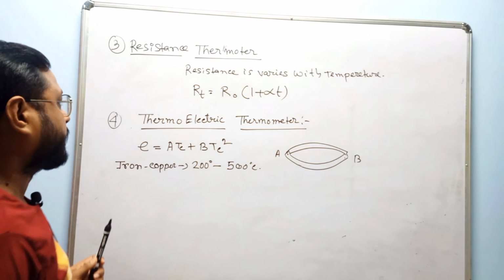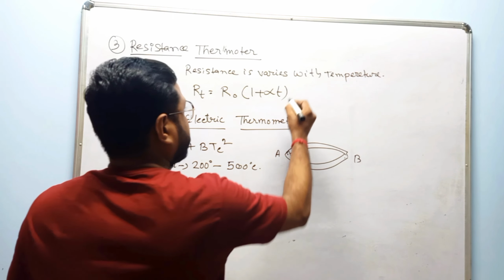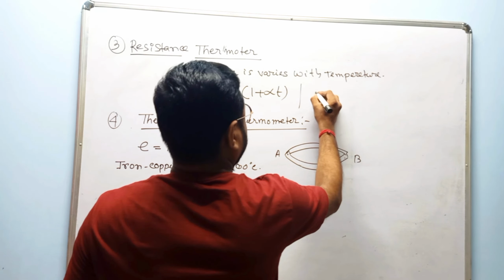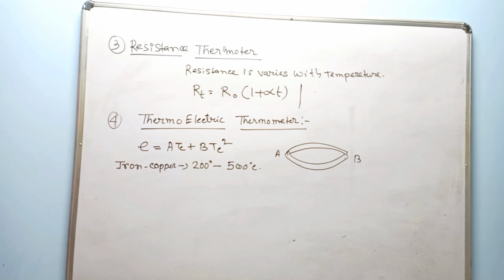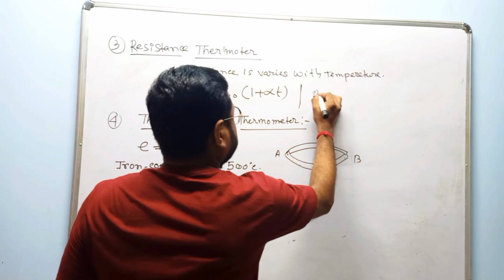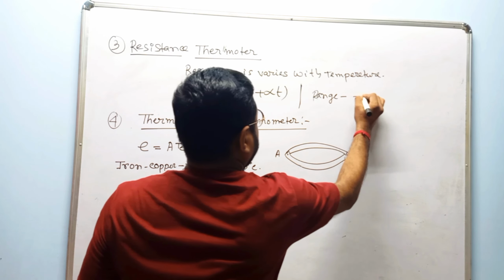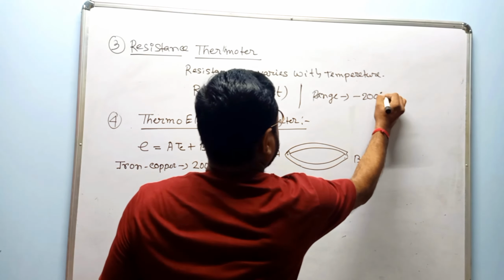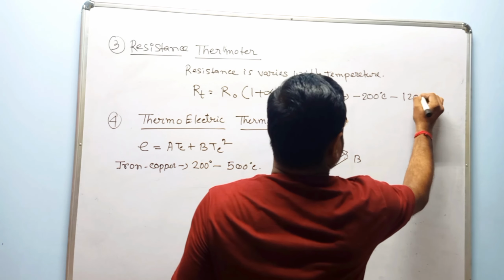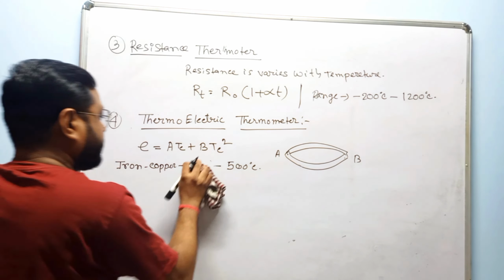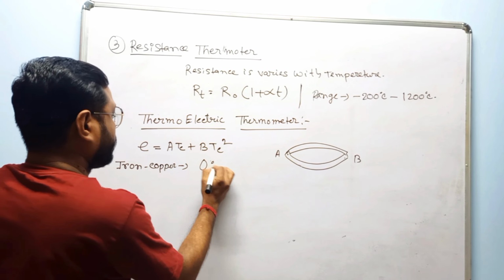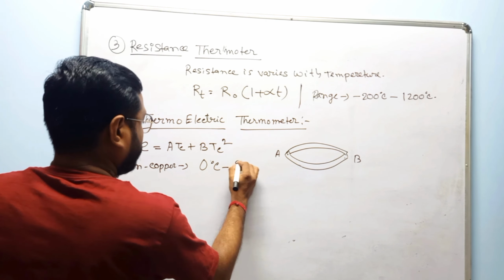The range of platinum thermometer, we know, is minus 200 degree centigrade to 1200 degree centigrade. Or here the range is from 0 degree centigrade to 260 degree centigrade.